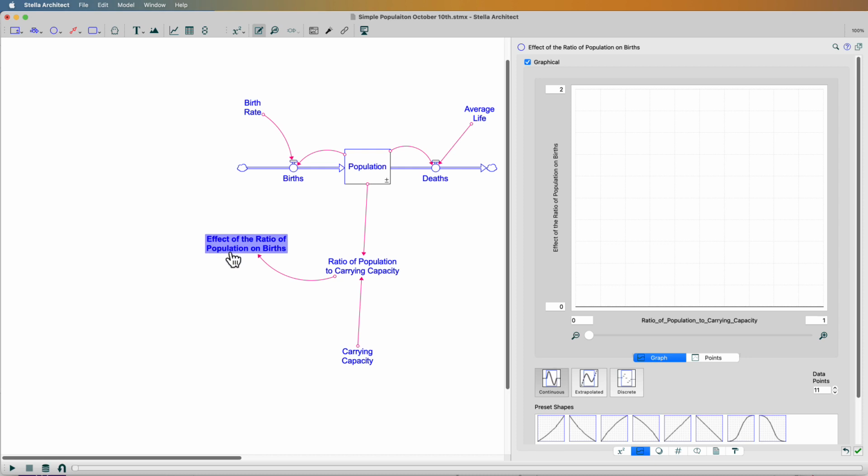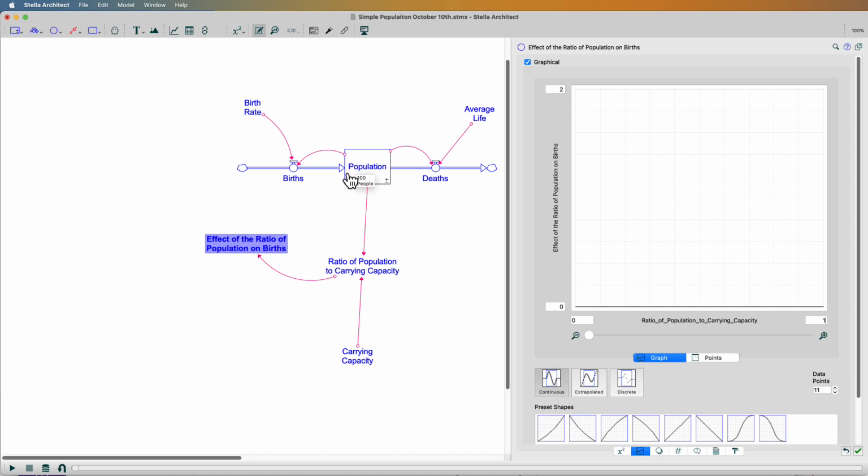So if I multiply by a number that, if this is 1, when I multiply up here, it simply means that this would be 1, and the model would continue on as it had before. If I multiply by a number, if this I allow to become greater than 1, then I'll be multiplying by a number greater than 1. My births will be increasing. My population will be growing faster. And if I multiply by a number less than 1, I'll be slowing down my births, and they will not be increasing as fast.